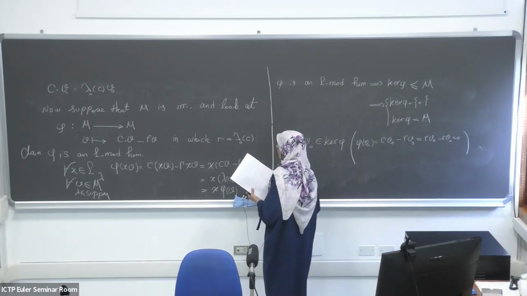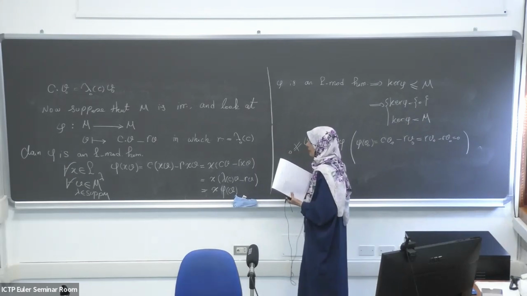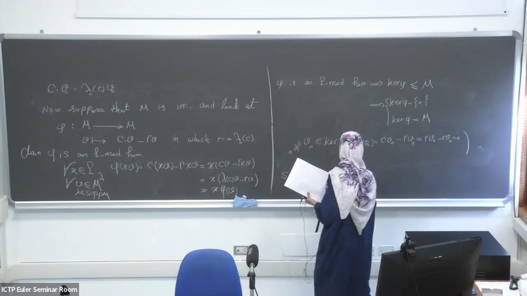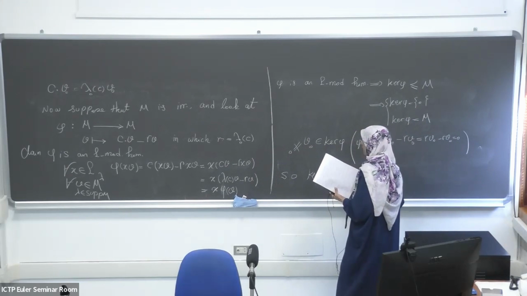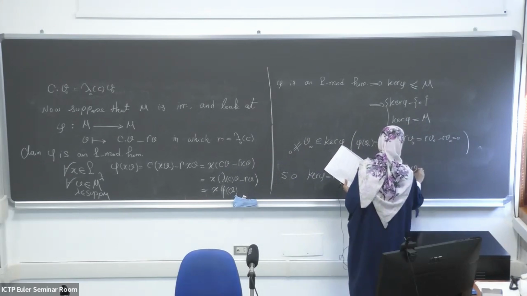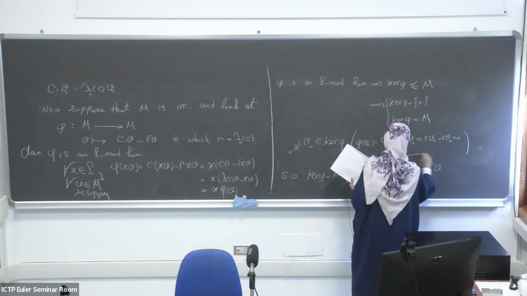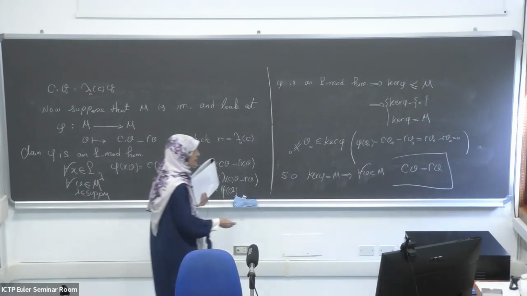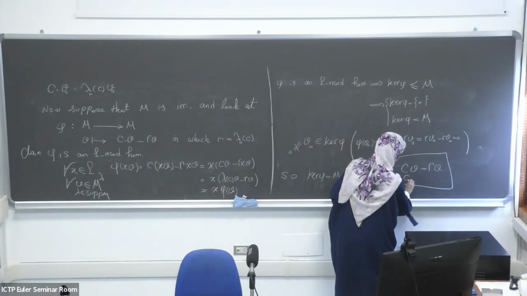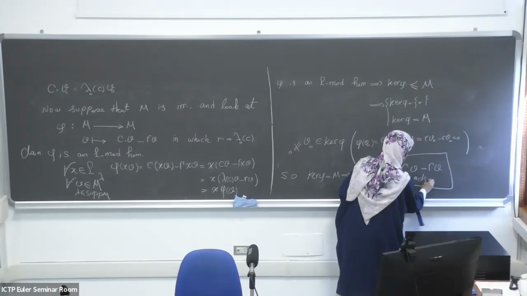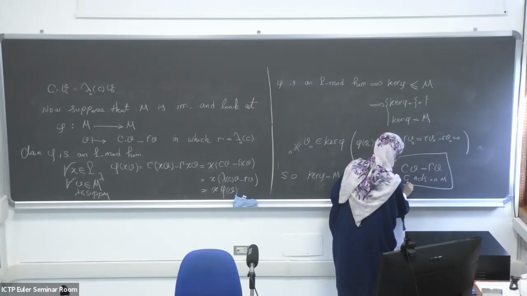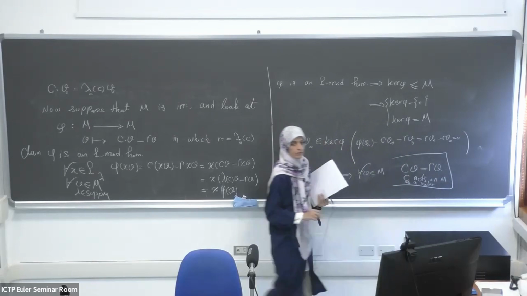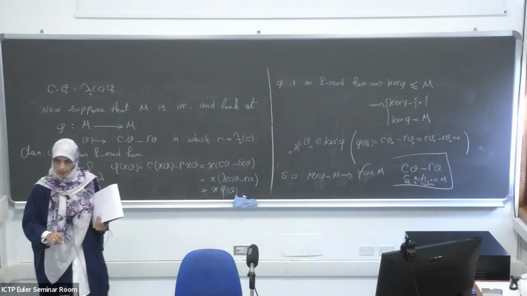So when we say kernel of phi is M, it means that for all v belong to M, we have CV equals RV. It means that C acts on M as a scalar. Right?